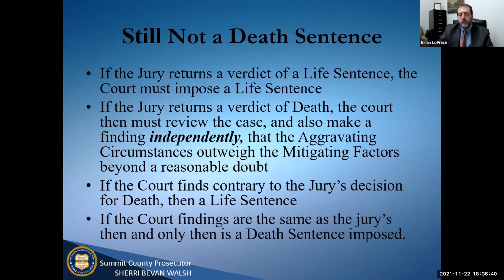So after that happens, if the judge decides that, yes, the jury was correct, then we start the whole appeal process that we talked about before. It goes up to the Ohio Supreme Court, criminal, and then it keeps going from there.